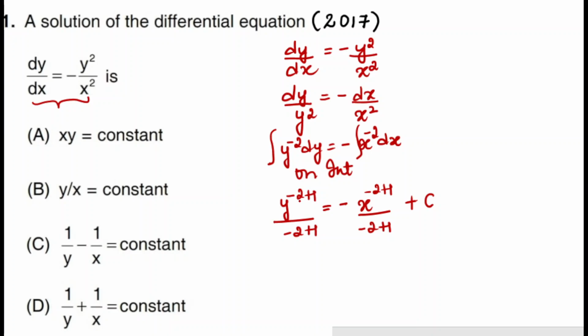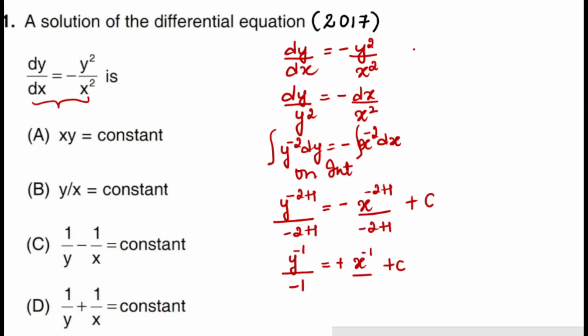Now, y to the power of minus 2 plus 1 will be y to the power of minus 1 divided by minus 1, that is equal to minus y to the power of minus 1 on the left, and on the right it will be minus 1 divided by minus 1, minus of minus will be plus, plus c.